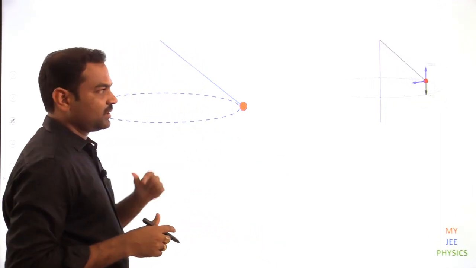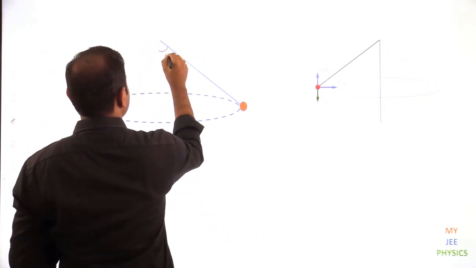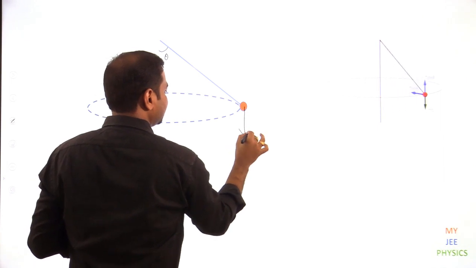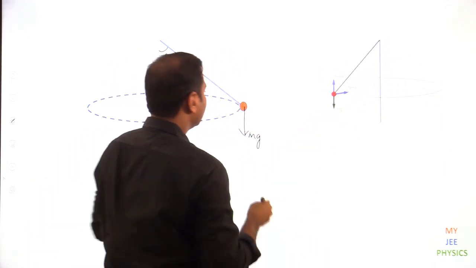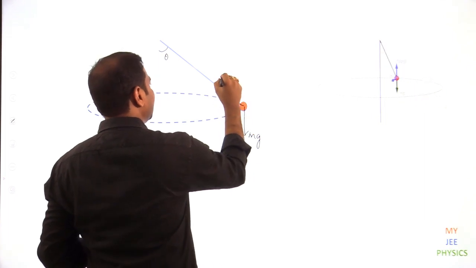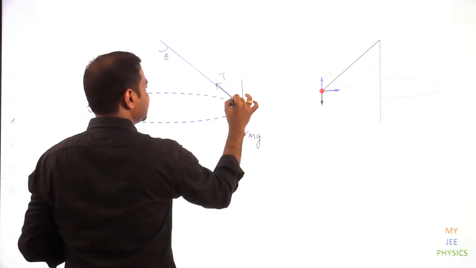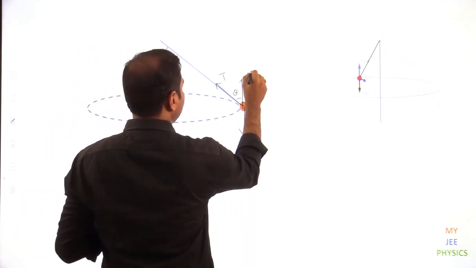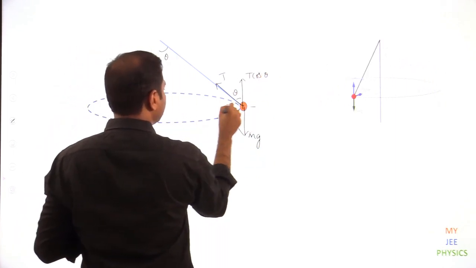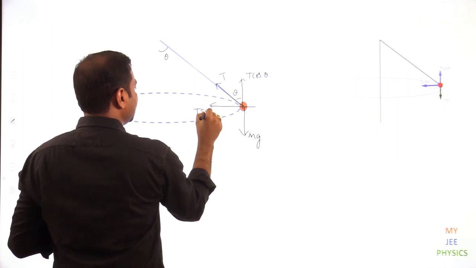Suppose a conical pendulum is revolving with an angle theta. You can see in the animation that gravity, mg, is acting downward, and tension will act along the string. This angle is theta, we know that. I can resolve the tension into components: T cos theta, and the other component is T sin theta.